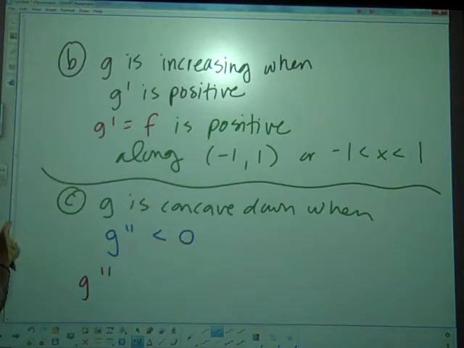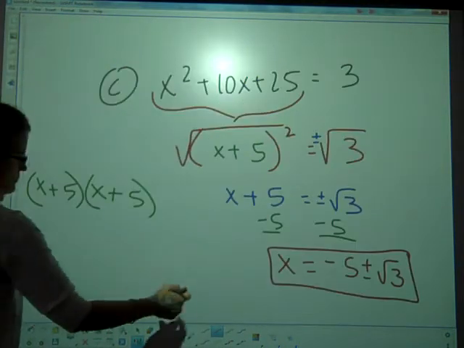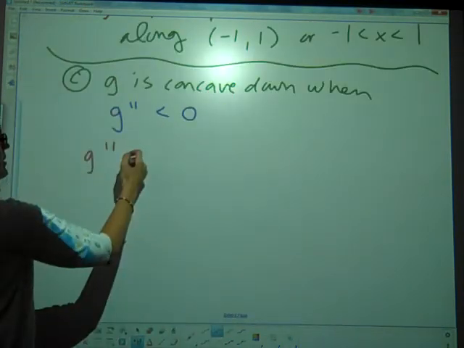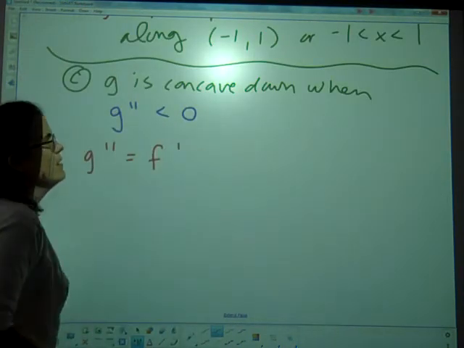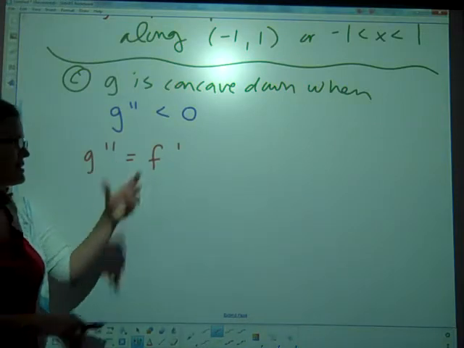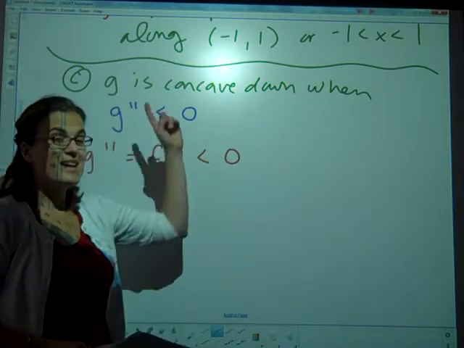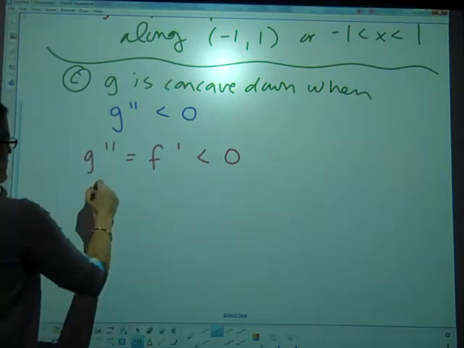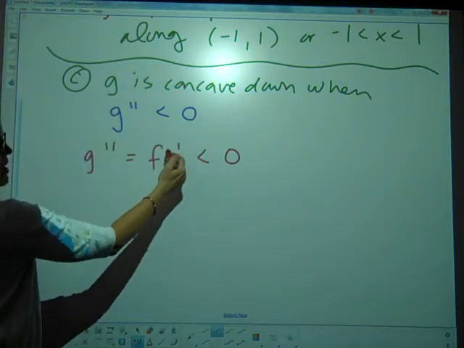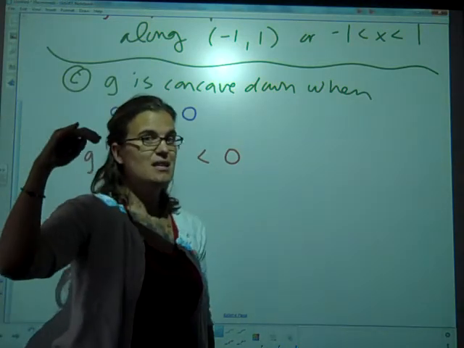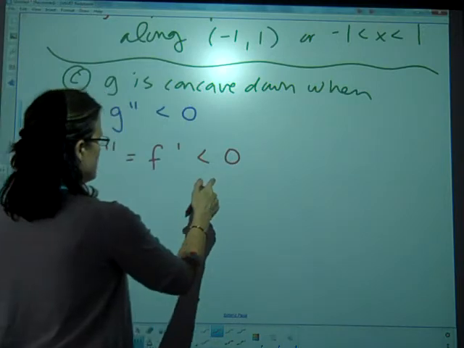Okay, so if G double prime equals F prime, oops, algebra for a second there. So if G double prime equals F prime, and we want this to be less than 0, we're essentially looking for when F prime needs to be less than 0, that would mean that F needs to be decreasing along those intervals.